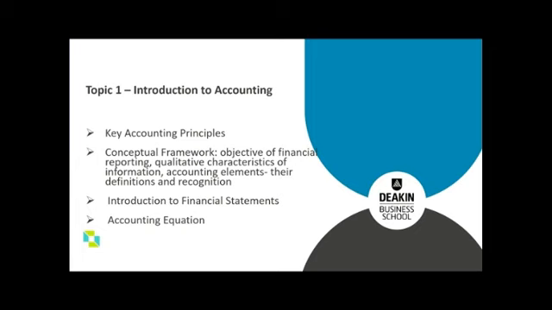And we continue with an introduction to financial statements. We go through three main financial statements: balance sheet, income statement, and cash flow statement. These are the issues which we see later on in this session. And then in the later part of this unit, we go through the accounting equation.